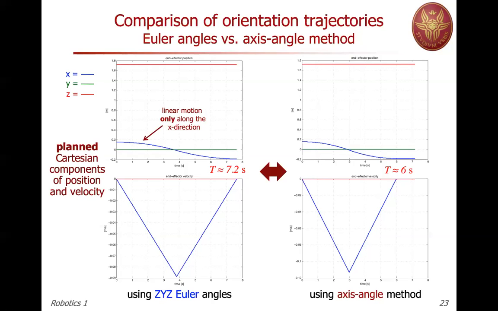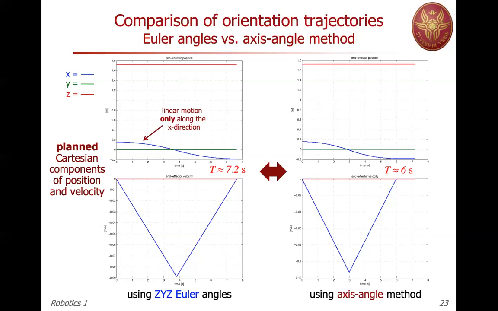So coordinated motion occurs. In fact, if you have looked carefully at the video, some joints didn't move at all, but all the joints that moved started at the same time and ended at the same time. So it's a coordinated motion. And there's a single timing law.